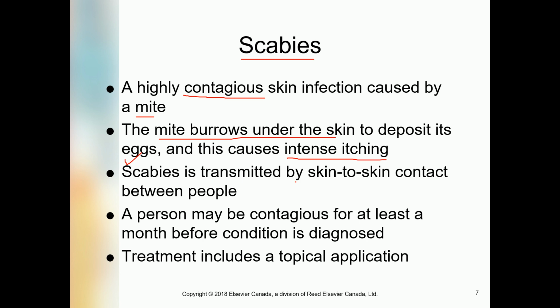Scabies is transmitted by skin to skin contact. When we touch somebody, it is transmitted. That's why it is called contagious. A person can transmit this to another person. A person may be contagious for at least a month before the condition is diagnosed.